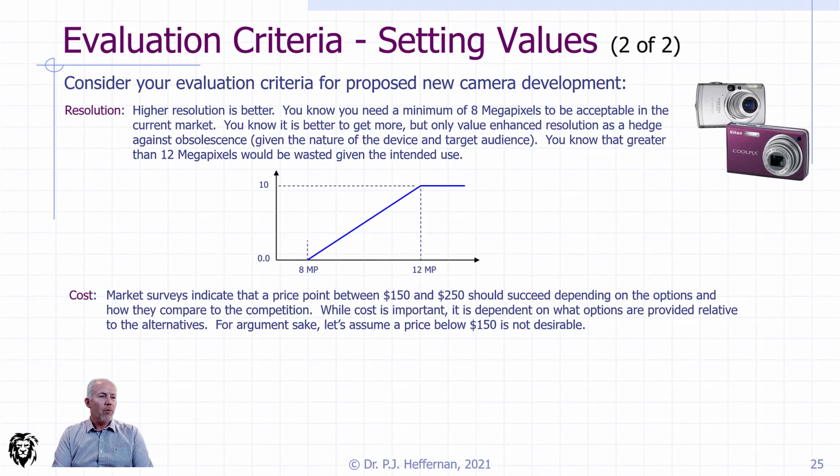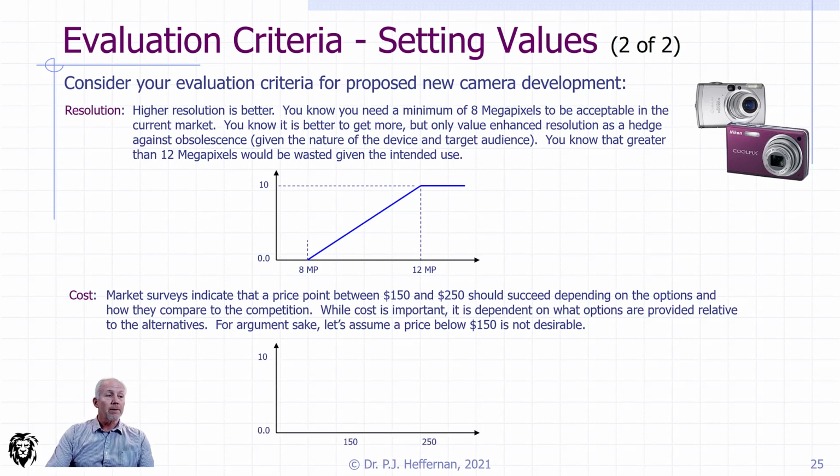While cost is important, it is dependent on what options are provided relative to those alternatives. So for argument's sake, let's assume a price below $150 is not desirable. It's not going to be perceived as a competitor in the market niche that we're trying to penetrate.